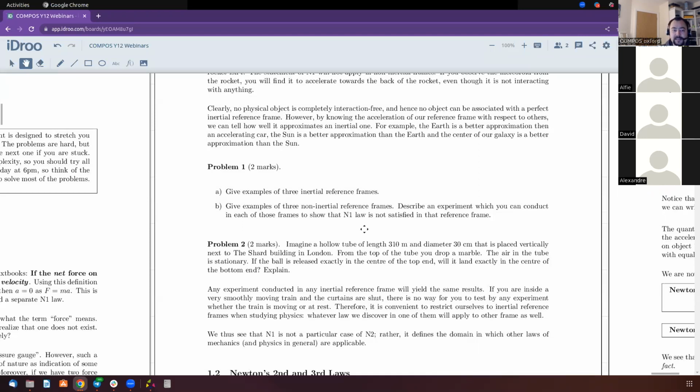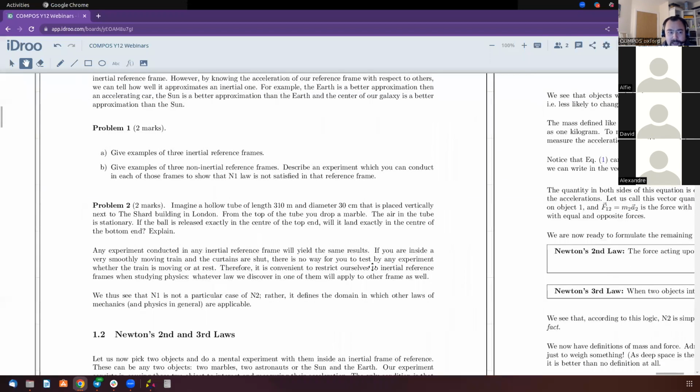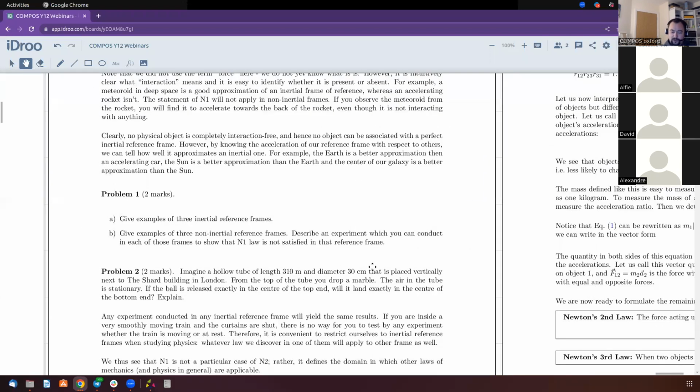So that is how we know that Newton's first law is not satisfied in this reference frame. Because in inertial frames of reference, if you have a ball on a table and there are no forces, it will remain stationary. But in an accelerating frame of reference, that's not the case. Okay.